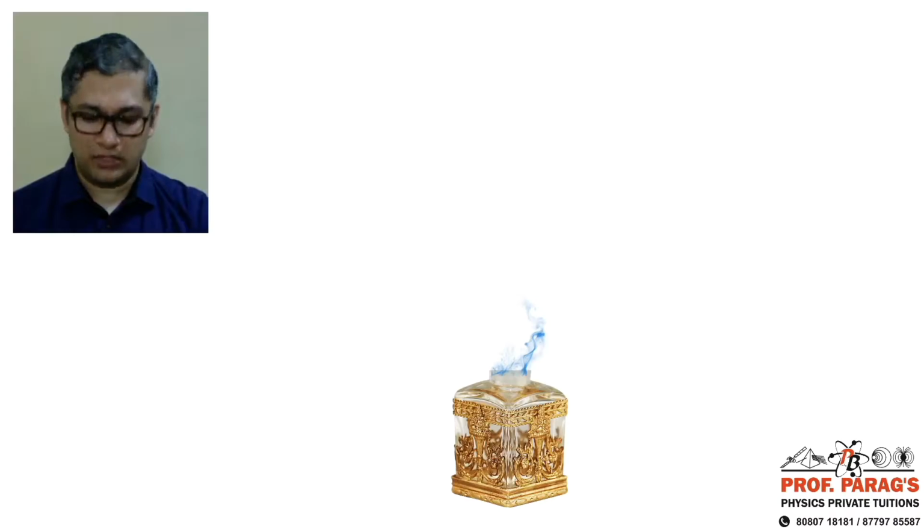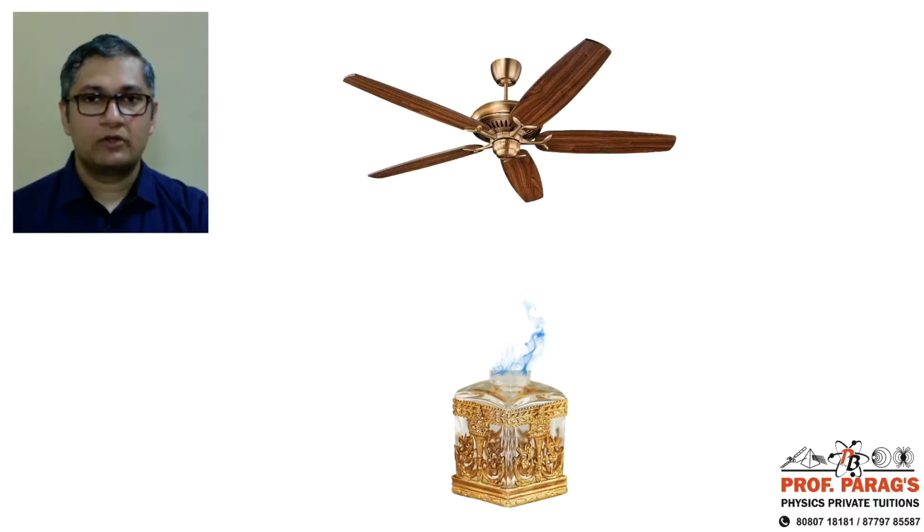Now if I want to speed up this flow, so again it's high concentration to low concentration, what will happen if I turn on the fan? Once the fan is turned on, it won't take 30 seconds now for the fragrance to spread everywhere. If the bottle is opened up with the fan above you turned on, then maybe in 10 or less than 10 seconds the fragrance can spread everywhere throughout the room.